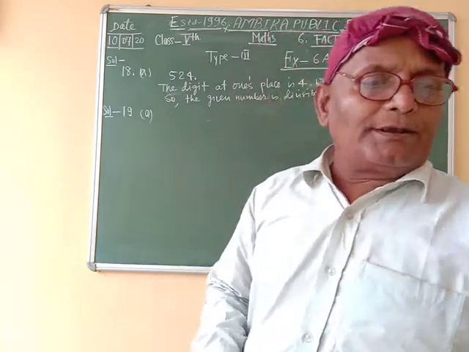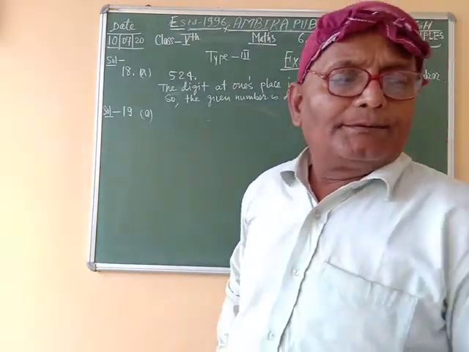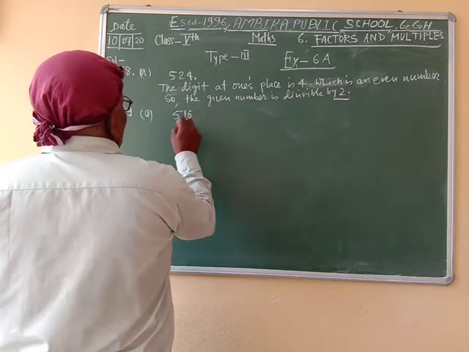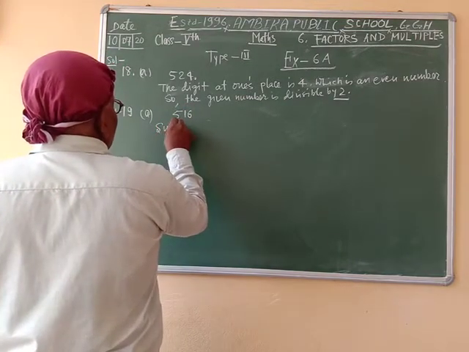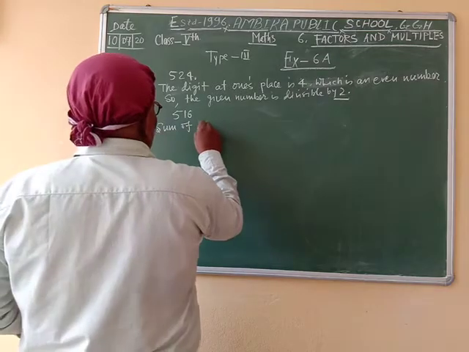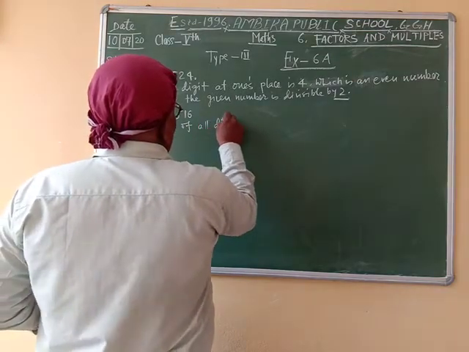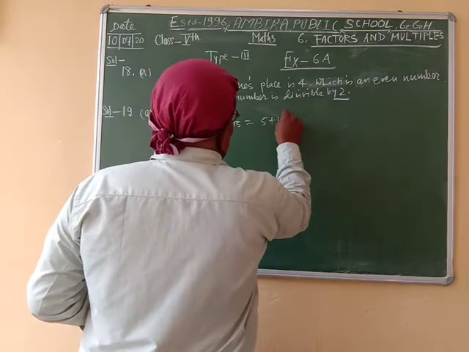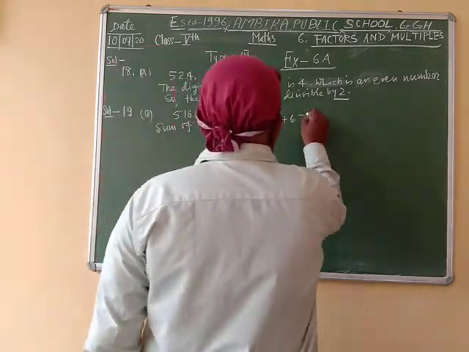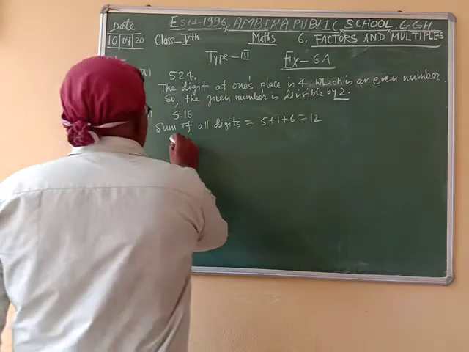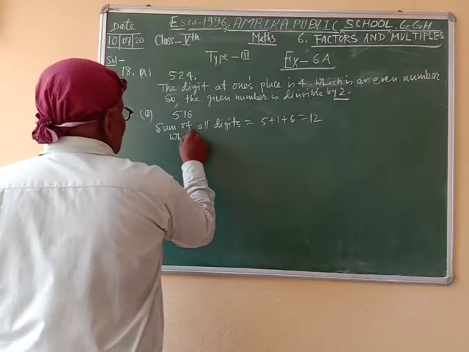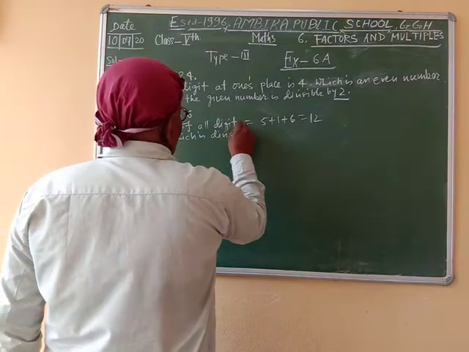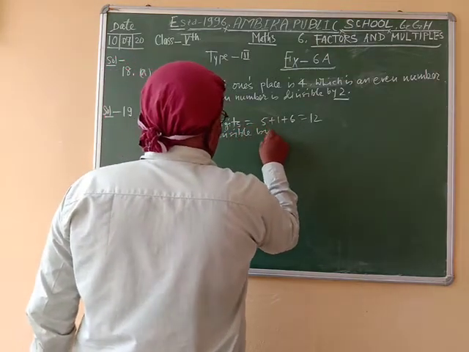So using this rule, in 516, the sum of all digits is 5 plus 1 plus 6, which is 12, which is divisible by 3.